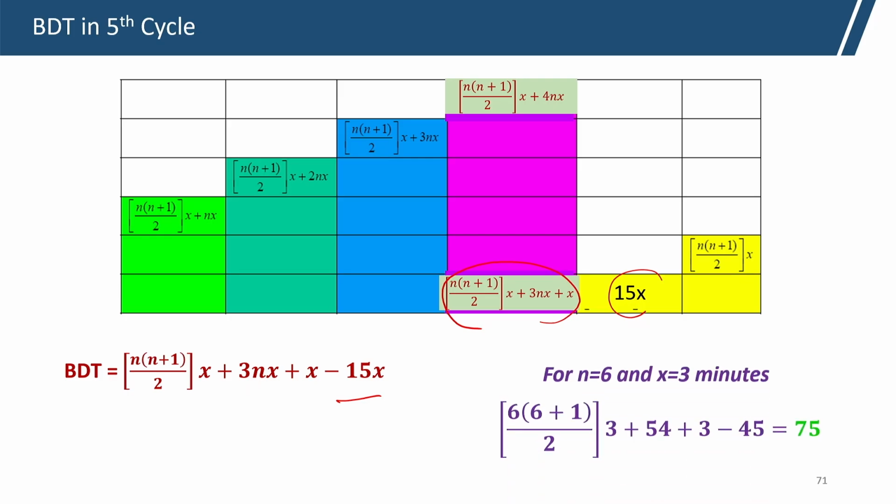For n equal to 6 and x equal to 3, this is 75. We have already seen that 75 is the blending delay time for the fifth cycle with 6 chambers and the time to fill a unit being 3 minutes. So, using the generalized formula we are getting this one.